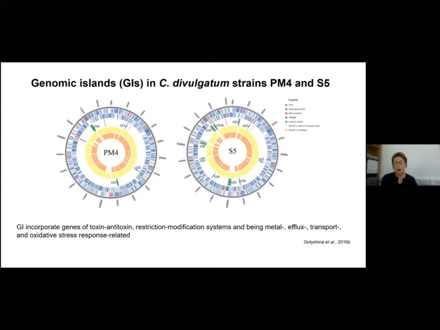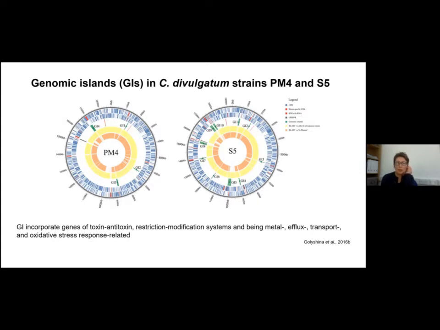We have also observed a quite interesting feature, which is the similar placement of genomic islands in genomes of these two strains, from Iron Mountain, from the UK, and also the Spanish one. Please also pay attention that they have different numbers of genomic islands.